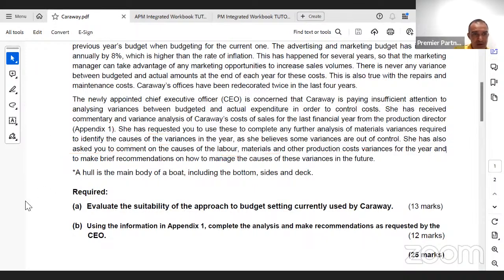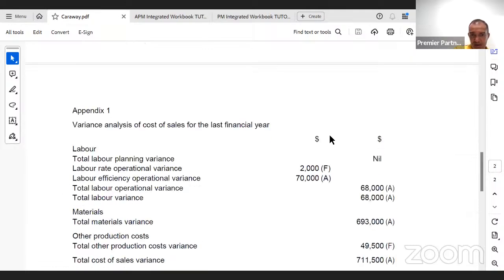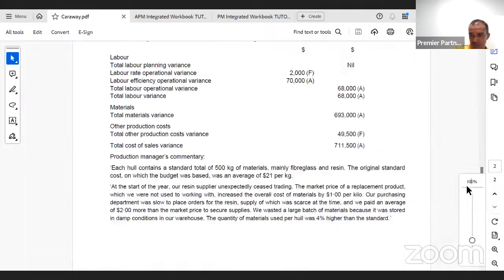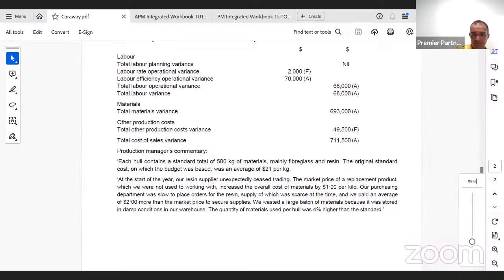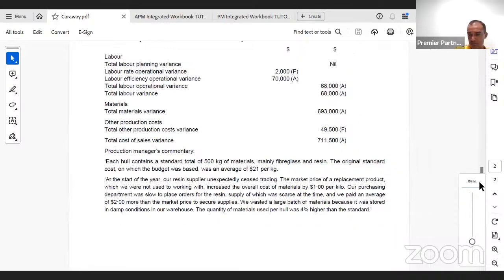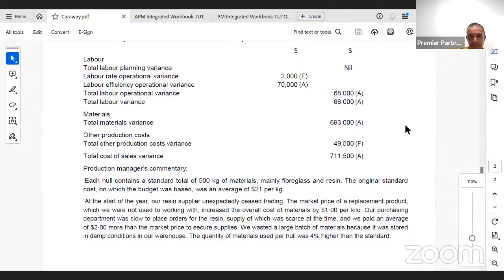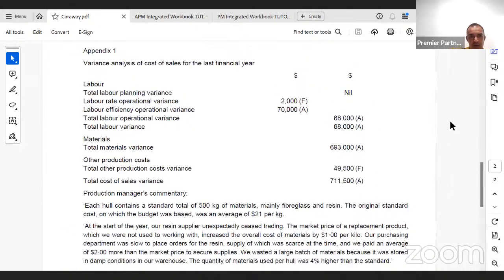Right, now let's look at the scenario, the analysis. I'm going to leave this to you now for 5 minutes.